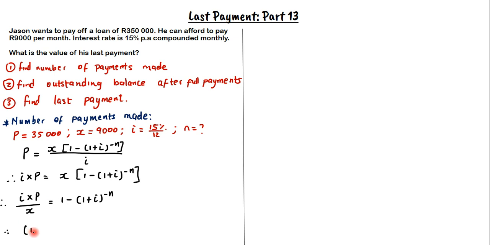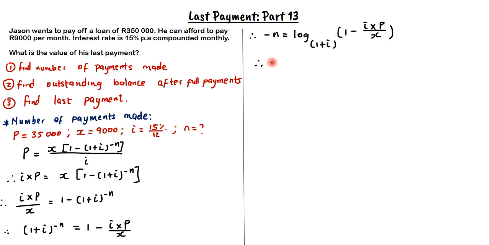Therefore, we have (1 plus i) to the power of minus n equals 1 minus i times P over x. From here, we apply our logs. Minus n is going to be log base (1 plus i) of (1 minus i times P over x). Therefore, n is going to be minus log base (1 plus i) of (1 minus i times P over x).